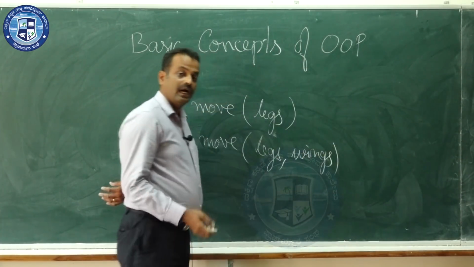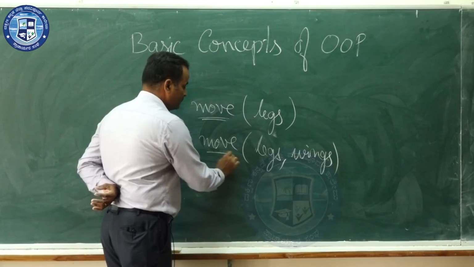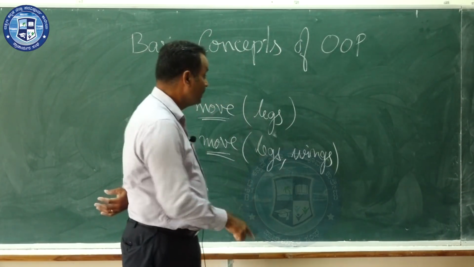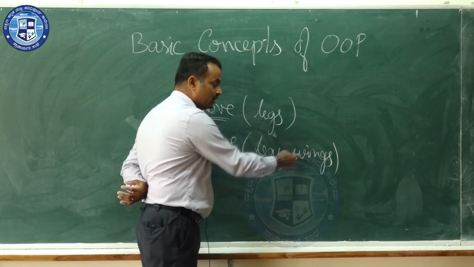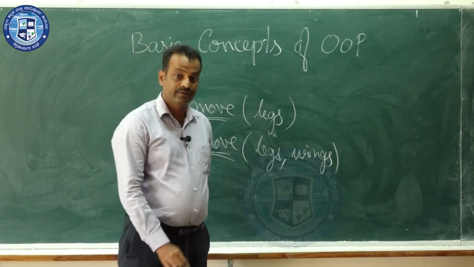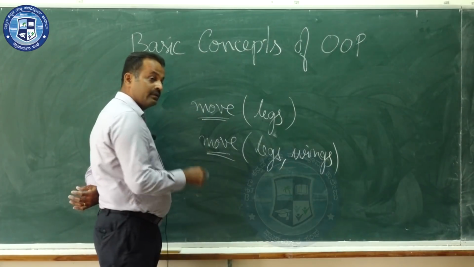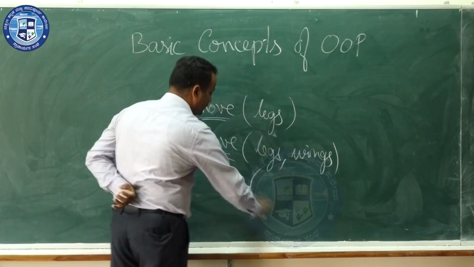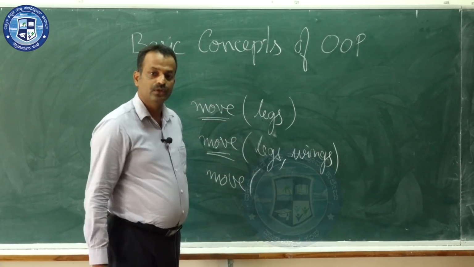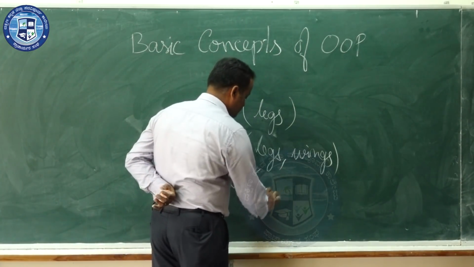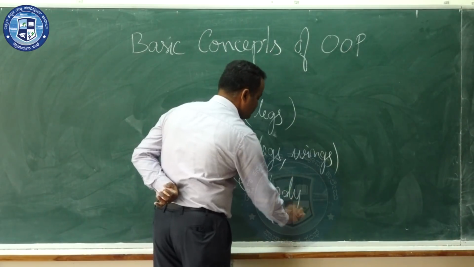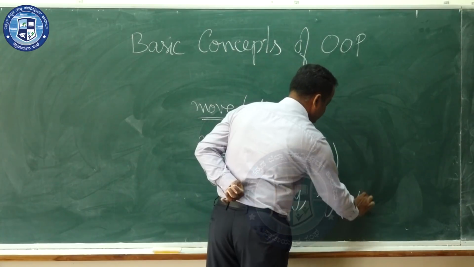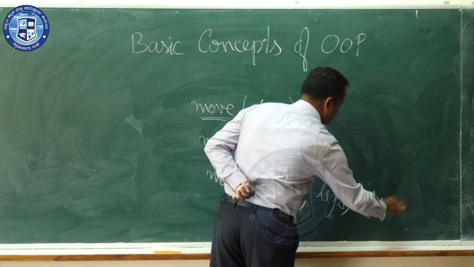Now I am defining another function, but the name of the function is the same, move, while the number or the types of arguments differ here. Let me define one more function in class animal, move, and assume that it takes different arguments, say body, legs, and wings.